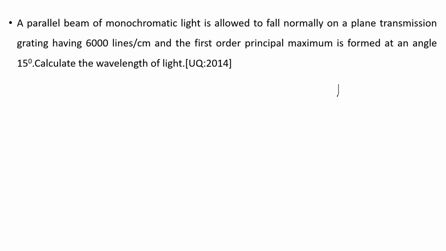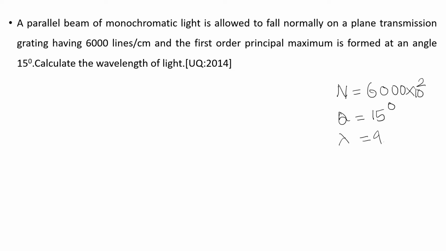Here N, the number of lines, is equal to 6000 lines per centimeter. That is 6000 into 10 square lines per meter. And the angle theta is given as 15 degree. And the quantity to be found out is lambda.